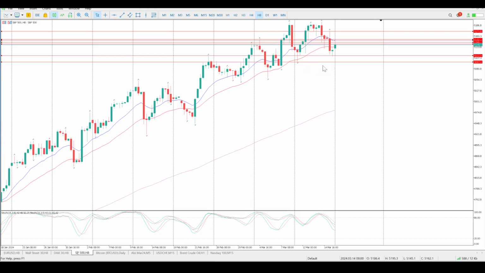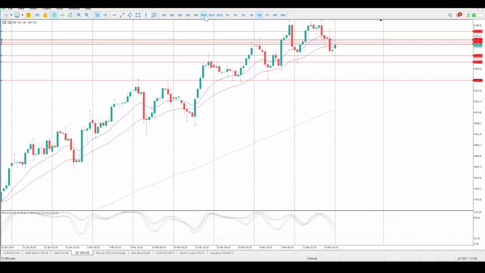If you start breaking below 5100, then your next logical area of support is going to be at 50.50. So this level to the upside is 51.50, not 50.50. 50.50 is down here.